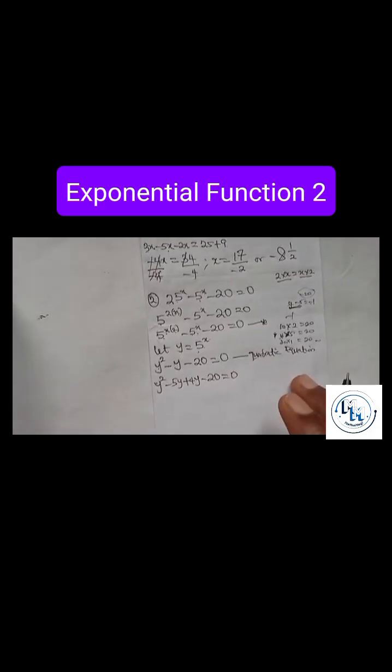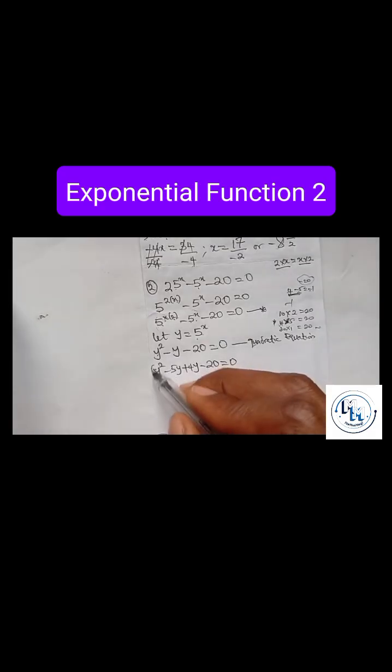Now, 4 minus 5 is minus 1, which is what I have as the y coefficient. Then the same 4 times minus 5 gives me minus 20, what I have here still. So the right thing to do is to replace this with minus 5y plus 4y minus 20 is equal to 0.